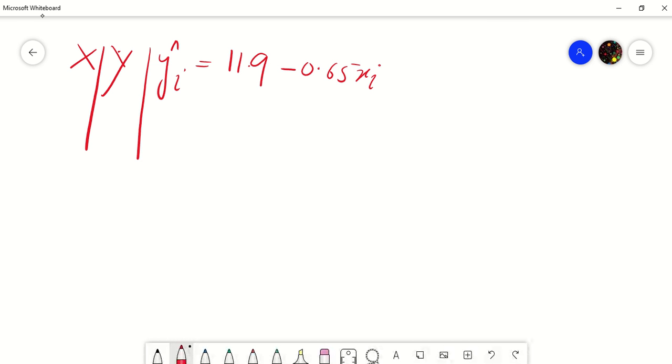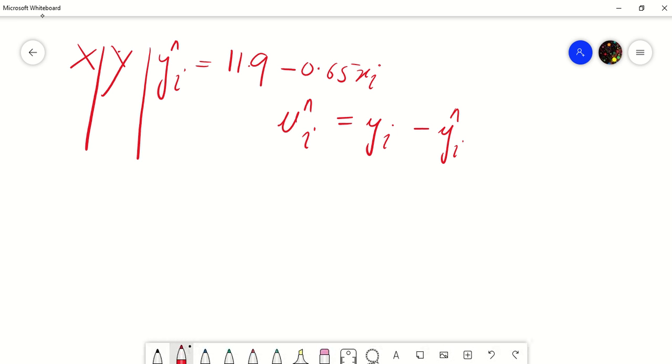So how do you get the residual? That is mu i hat equals yi minus yi hat, that is, actual value minus estimated value.